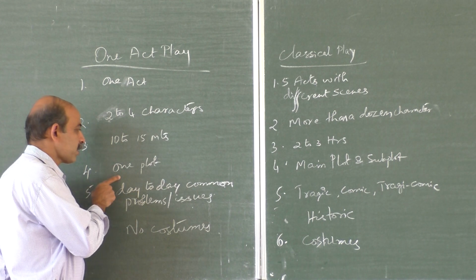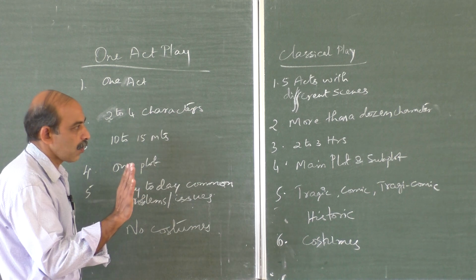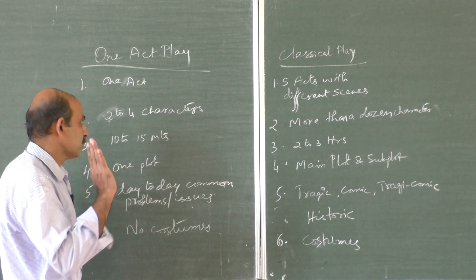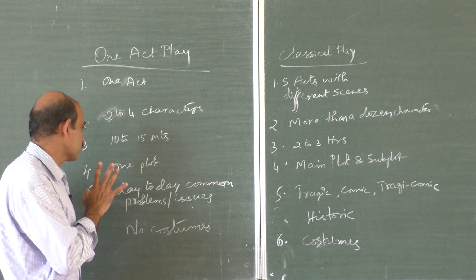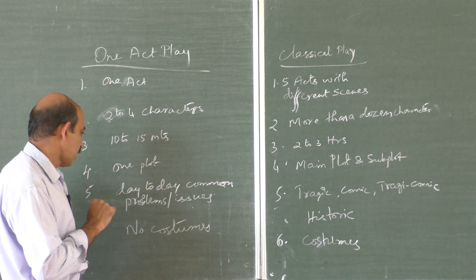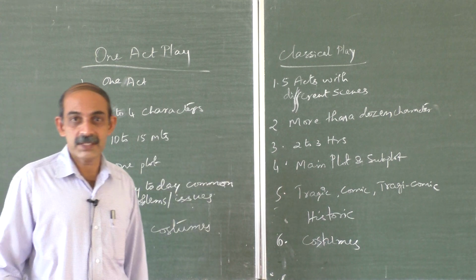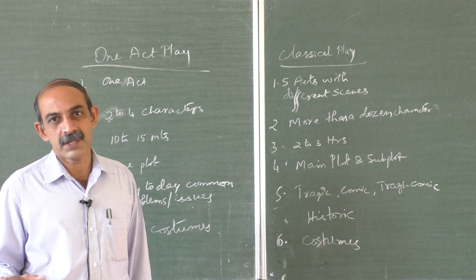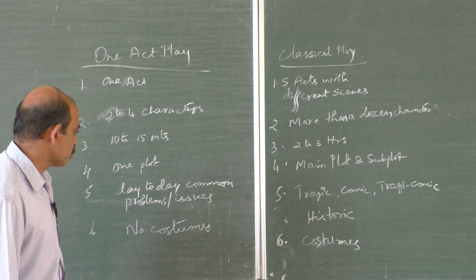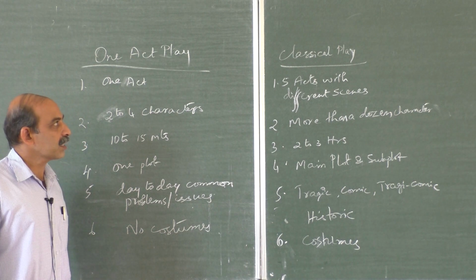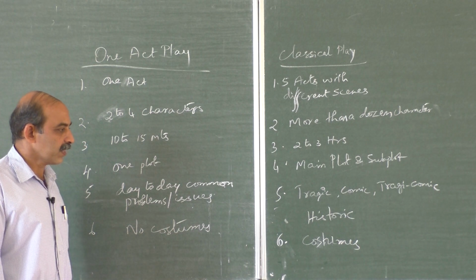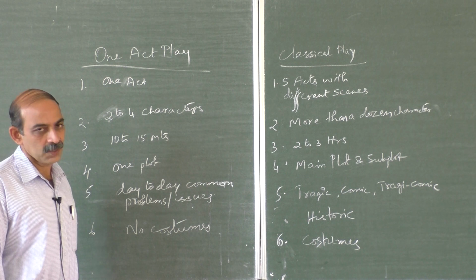Then 1 plot. There are no main plots and subplots like in classical plays, but in one act plays, 1 plot. And costumes, very costly paraphernalia or costly items are not required, very common items. So costumes are less there, whereas in classical plays costumes are more, and enough expenditure is required.